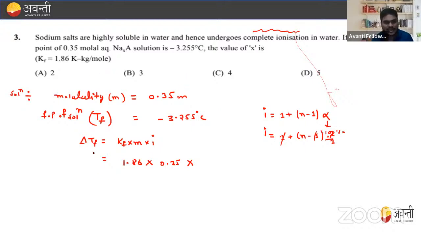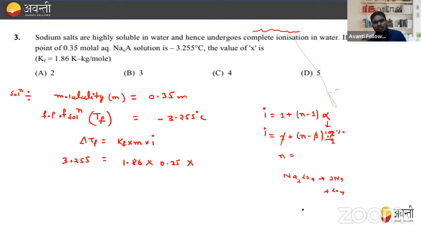So how will you calculate? We know delta TF is 3.255, KF is 1.86, and i is equal to n. So what is n? For example, let us assume if this is Na2SO4, then what is n in such a case? 2 Na plus 1 SO4, right?